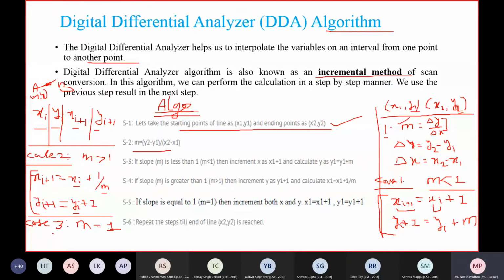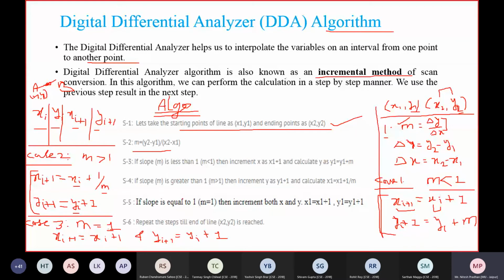In that case, you have to find xi plus 1 by increasing it by 1, and you have to increase your y value by 1. So these three cases you will use in your DDA algorithm, and you have to repeat this process until you get your B point. B point is nothing but x2, y2, this point. You have to keep doing this work until then.